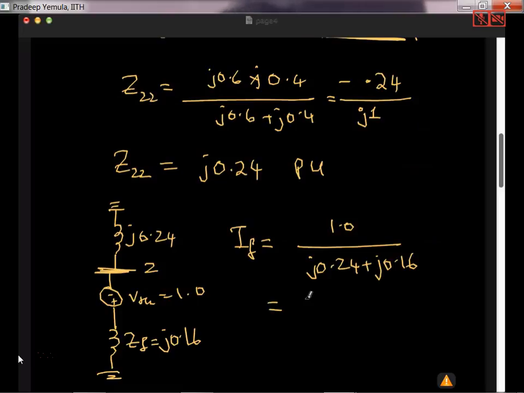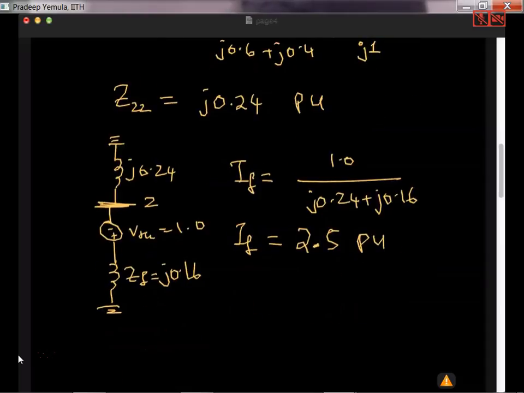Let's do that calculation. 1 divided by 0.24 plus 0.16, so this is 2.5 per unit. This is the total fault current when there is a fault at bus 2.